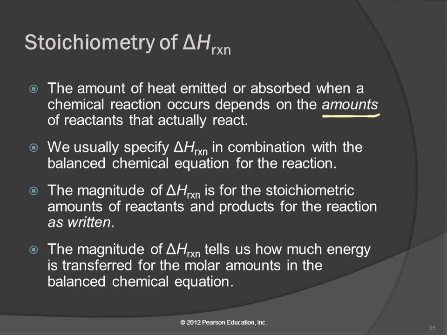So usually delta H is specified in combination with a balanced chemical equation. And the magnitude is for the amounts of reactants as written. So the equation could be balanced in a slightly funky way, but if it's balanced, then you just use the numbers that are there. The magnitude tells us how much energy, the sign tells us the direction. So it's for molar amounts in the balanced chemical equation.